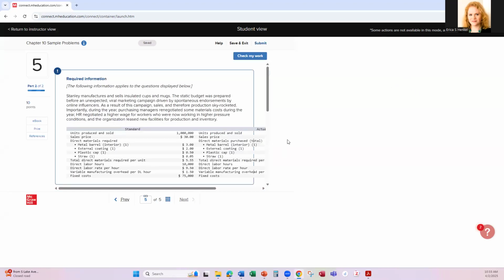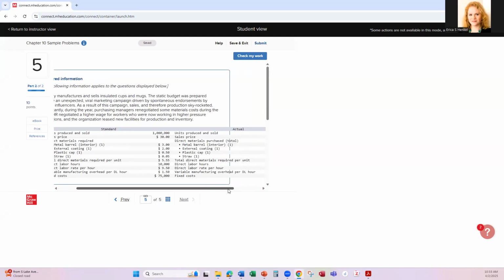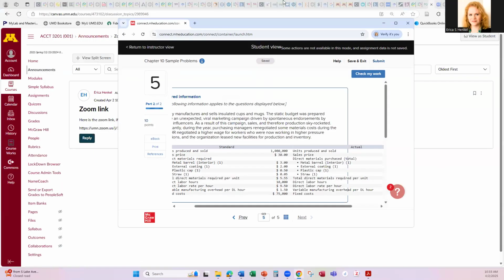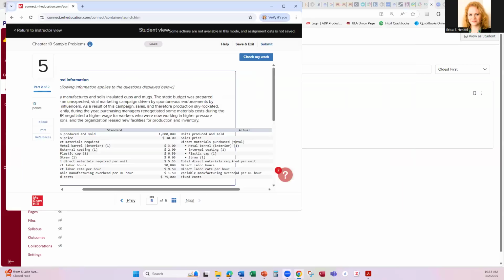So for problem 5, they gave us a whole bunch of information here. Let me size this over here and pull up an Excel sheet to use.